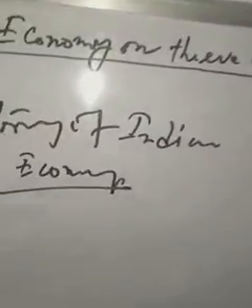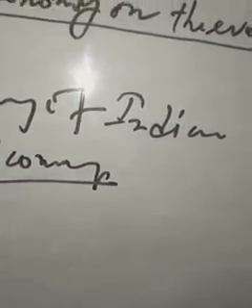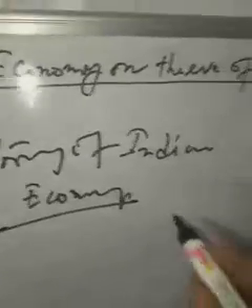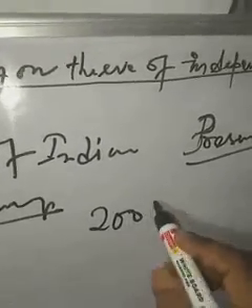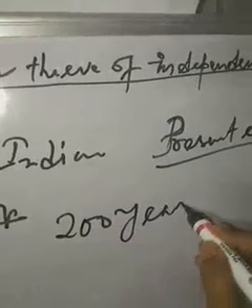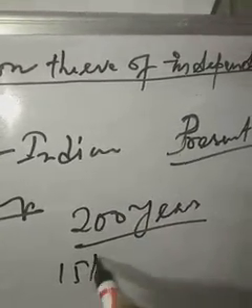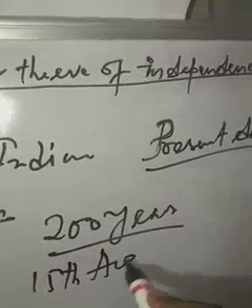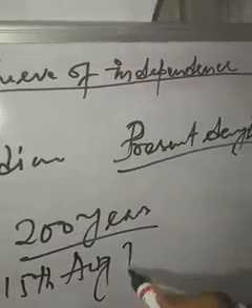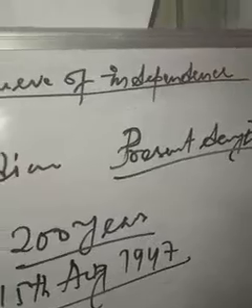The British had ruled over 200 years in our country, and after that, on 15th August 1947, we got independence.